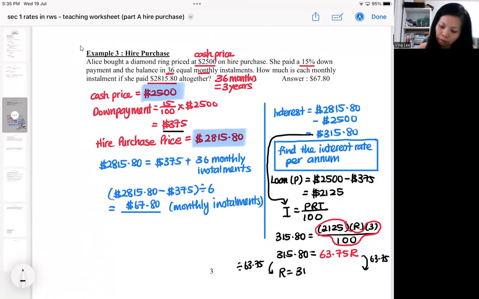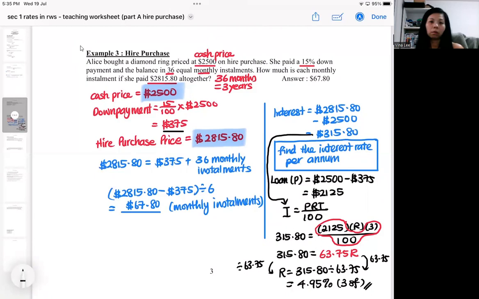You will get around 4.95%. It's not a nice number, so we give it to 3 SF. So the question can be extended to ask you about the yearly interest rate, which is a percentage.